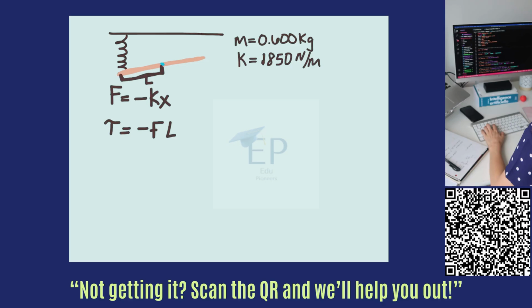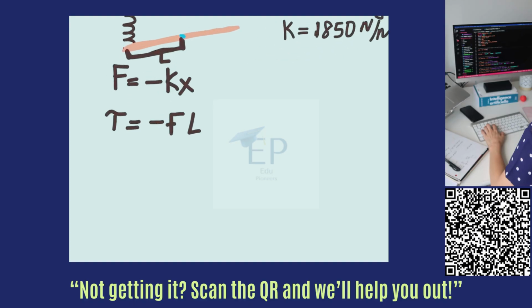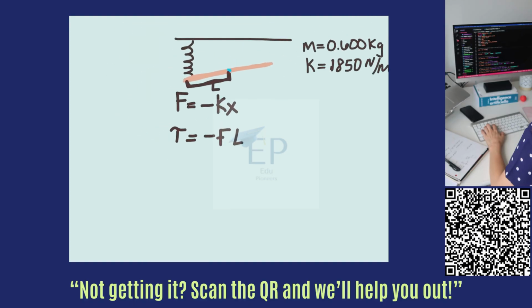So now we can substitute in negative kx for F, and we end up with torque equals negative kx times L. Now, assuming that the angle is small, we can write the elongation, or x, in terms of the angle: x equals L theta.